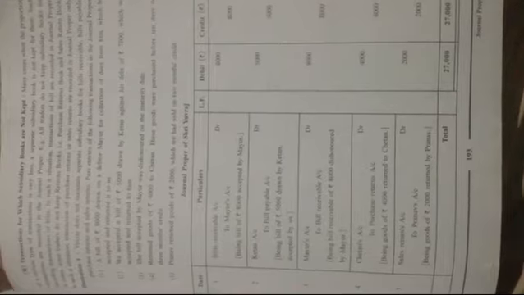Then second transaction says that we accepted a bill of rupees 5,000 drawn by Ketan against his debt of rupees 7,000, which we accepted and returned to him. So here Ketan is giving a bill to the business, to Yuvraj, because Yuvraj has to pay 7,000 to Ketan. Therefore, Ketan is drawing the bill on Yuvraj.